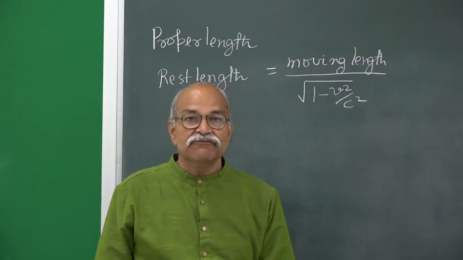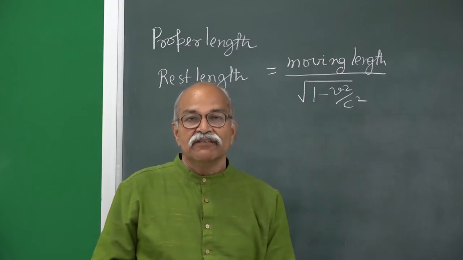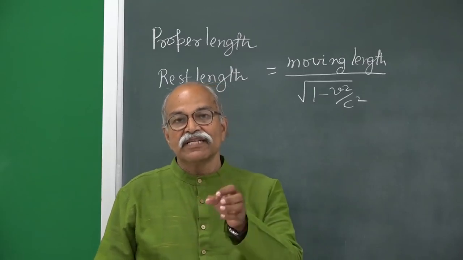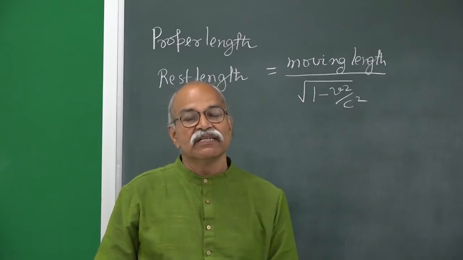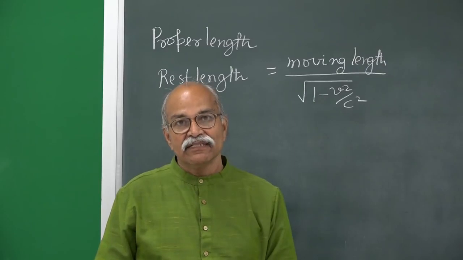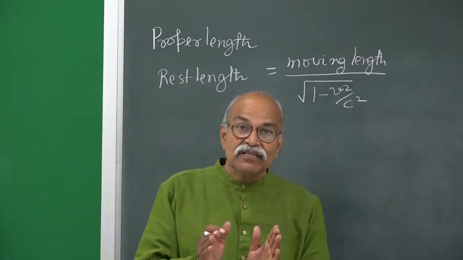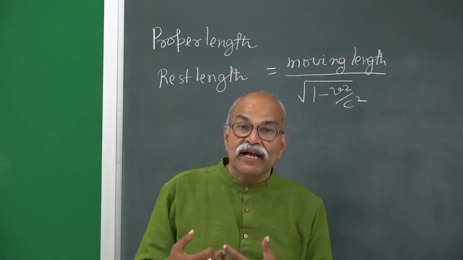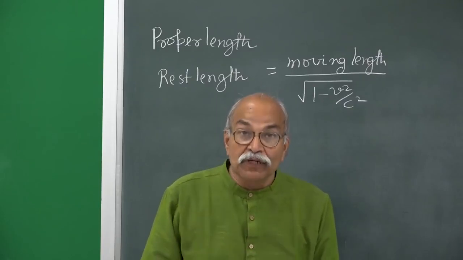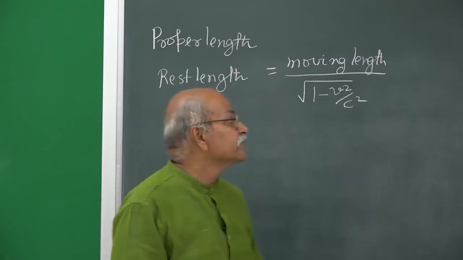And if you see from some other frame in which one event takes place at x equal to x 1, and the other at x equal to x 2 somewhere else, then the time interval measured from that frame will be more. So, that is known as time dilation.